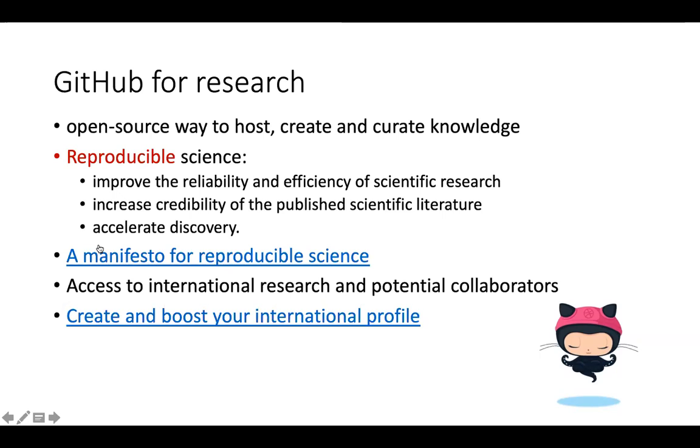And this is where we go back to the notion of reproducible science and what the requirements for reproducible science are. We've got a manifesto for reproducible science. I do have the link here, but it's more about how we can make sure that our research doesn't have bias, and that our research can be reproduced by anyone.